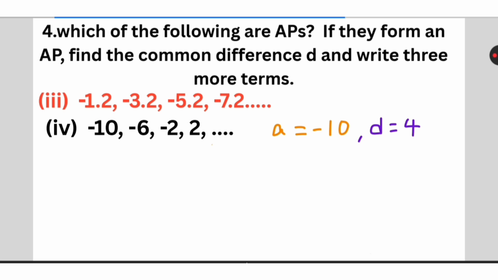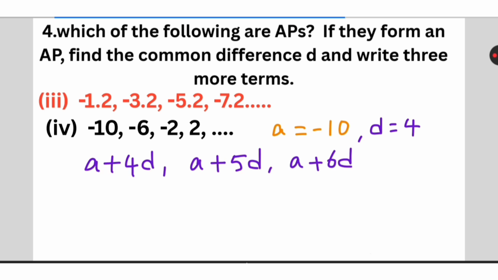Now we need to write, here we have 4 terms. That means now we are going to write 5th term, 6th term, 7th term. So what is a? Minus 10 plus 4 times, what is d? It is 4. Minus 10 plus 4 times 4, 16, which gives only 6. So the next number is going to be 6. Here a plus 5d.